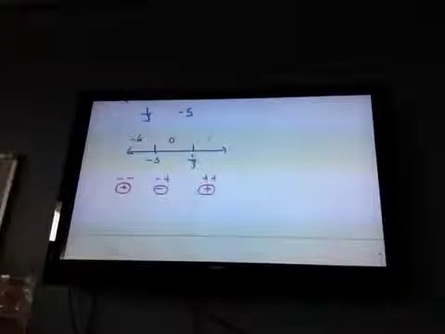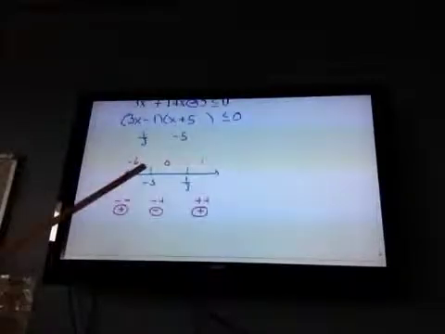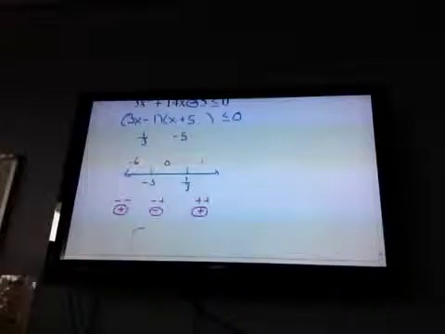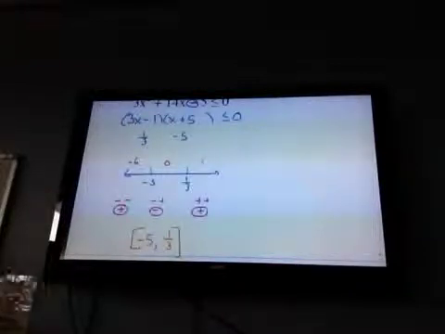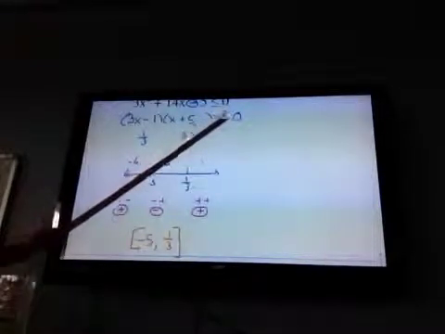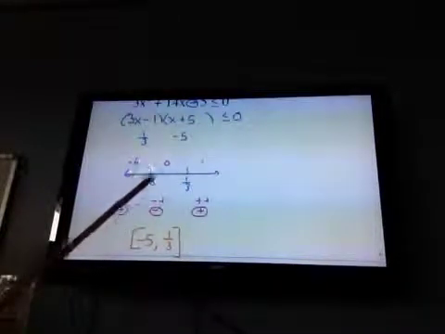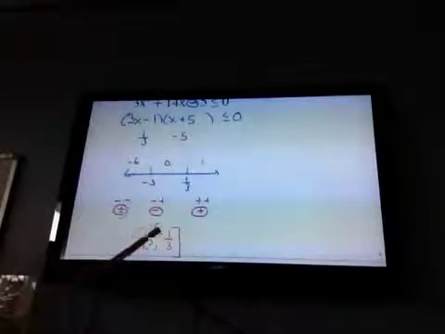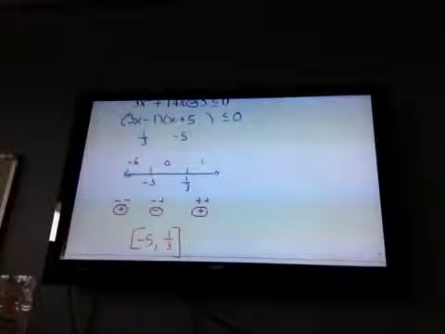I will use a bracket because we have the less than or equal to piece. So -5, including -5, up to and including positive 1/3. So again, this time I'm looking for the negative numbers. That's here. It is less than or equal to those, so it can equal 0, so we do include our boundaries of -5 and 1/3.